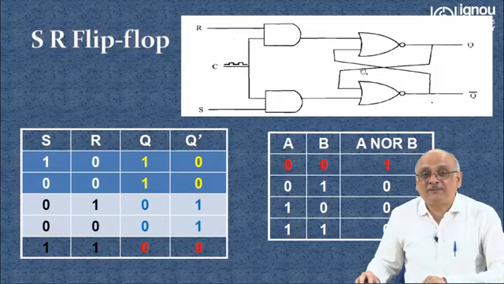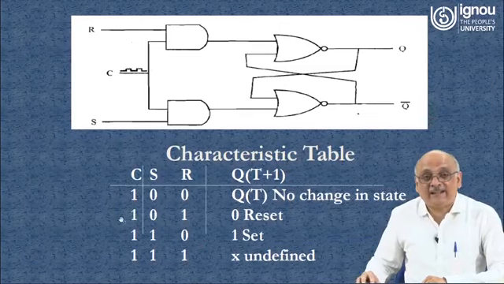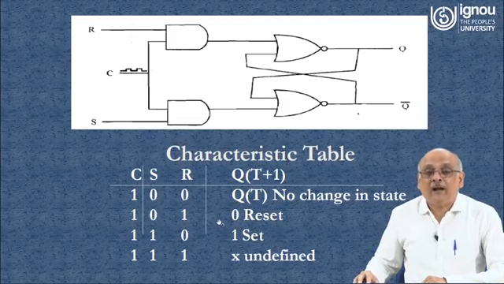As soon as Q becomes 0, this value becomes 0 as well as S was 0. So both the values will become 0. That means the output of Q bar is 1. So Q is 0, Q bar is 1. That is what we say is the reset state. That is, the output Q has become 0. So this is the state 0 and 1.